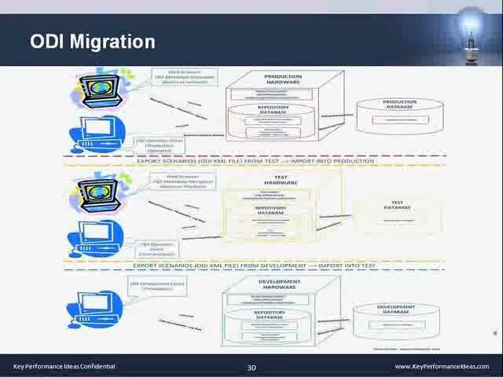So from a SOX compliance standpoint, developers will not have access to test or production to make any changes, so you can track all the changes that you're making in the development environment. Again, leveraging the logical schemas, make sure your logical schemas are defined the same, and you shouldn't have too many issues migrating this code from dev, test to production.